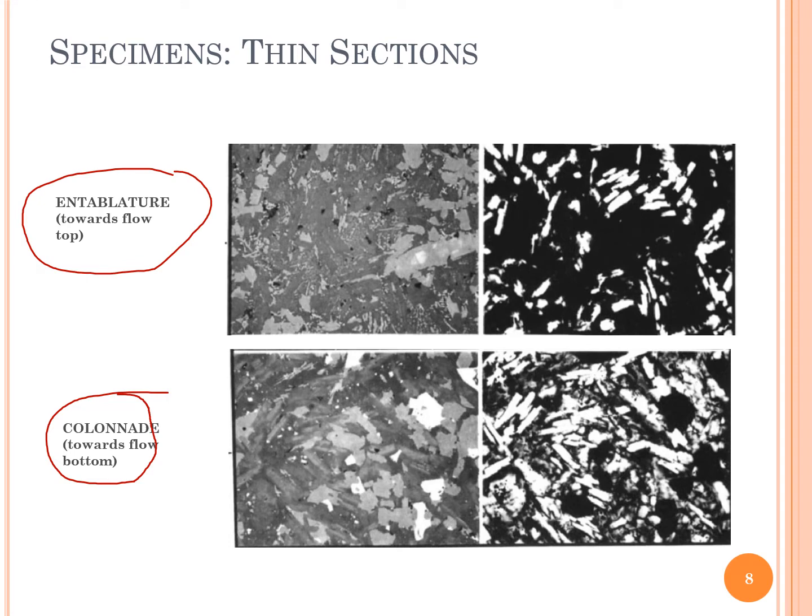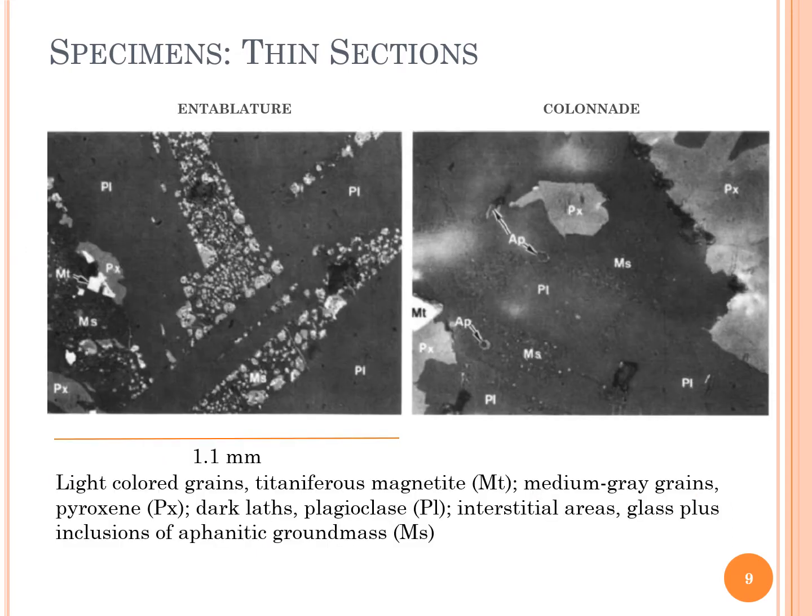Here it's all in black and white, so we won't be able to see some of the sharp mineral differences, but you can see, for example, in the colonnade, the crystals seem to be a little bit more developed than they are in the entablature above, and the same can be said in this other thin section, with development down in the colonnade compared to the entablature. A couple of different types of light showing through this thin section give us these views.